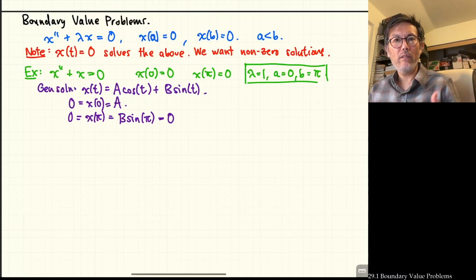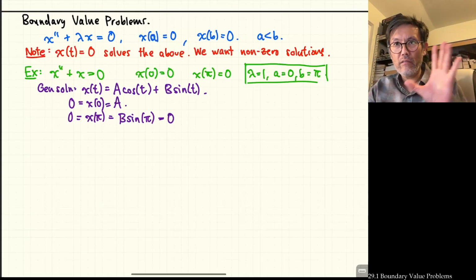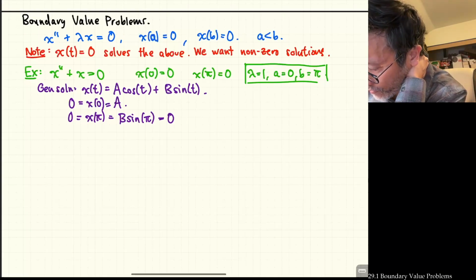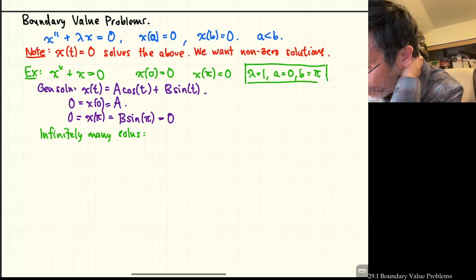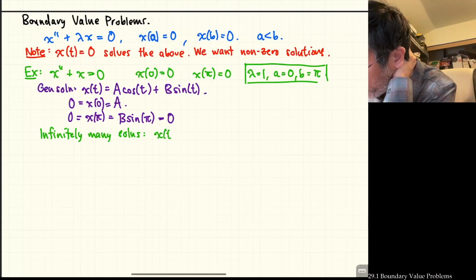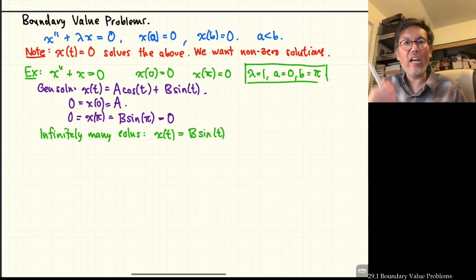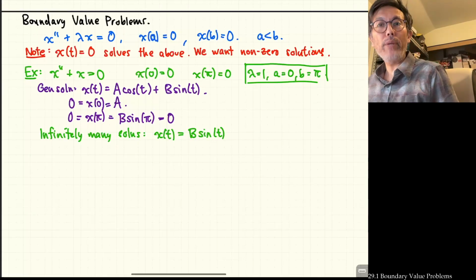So the number b can be whatever it wants to be. It can be anything. So there are infinitely many solutions to this boundary value problem, and they are all of the form x of t equals b sine t. b can be anything because sine of pi is 0. a has to be 0, though, but b can be whatever it wants to be.